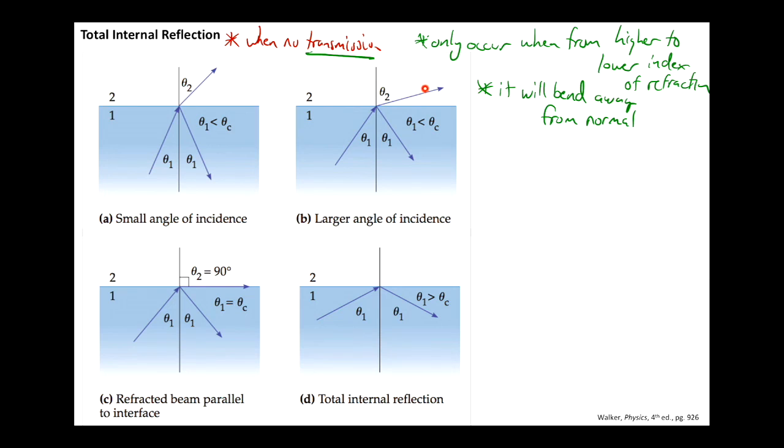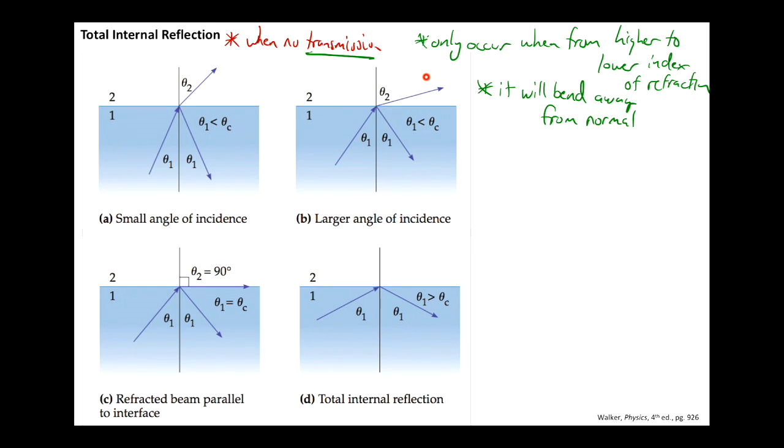Theta 2 is now even farther from the normal. So essentially we're taking this initial beam of light and bending it farther and farther this direction, making a larger and larger angle of incidence. As I do that, theta 2 is getting bigger and bigger. Got it so far?